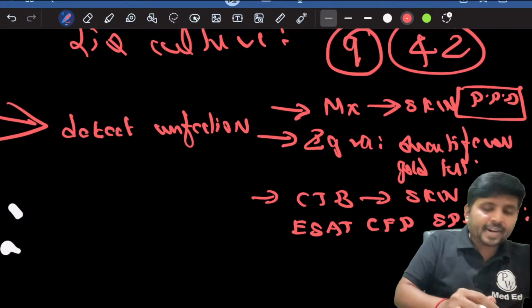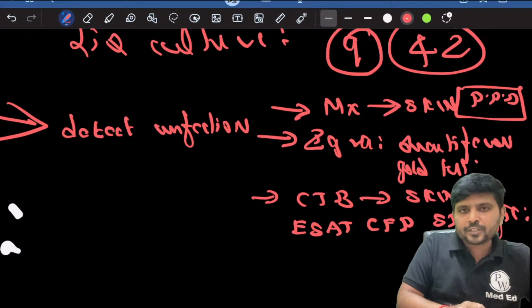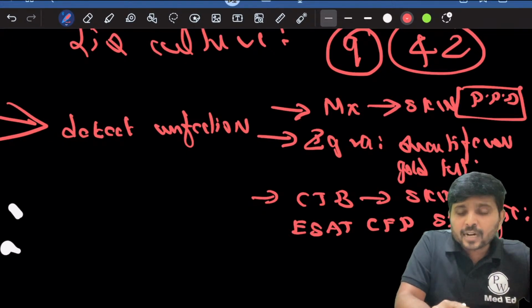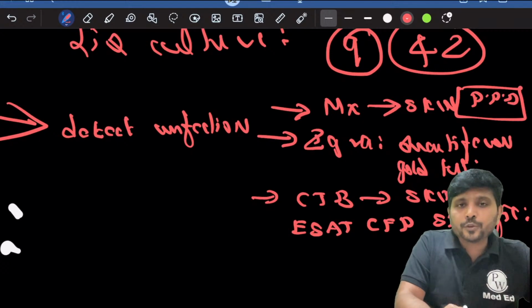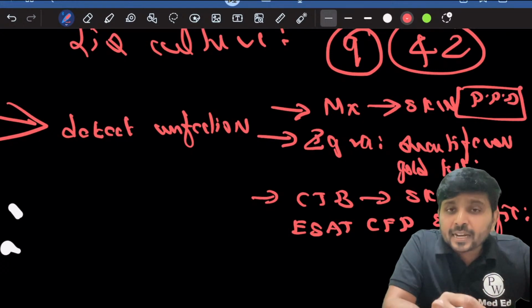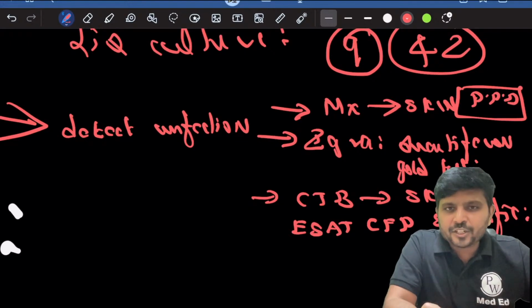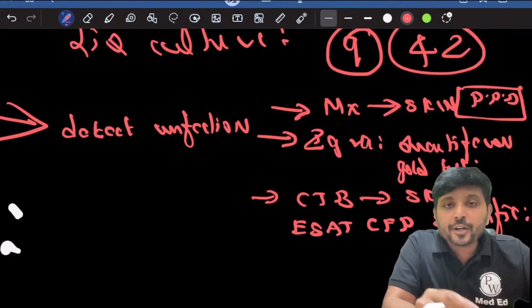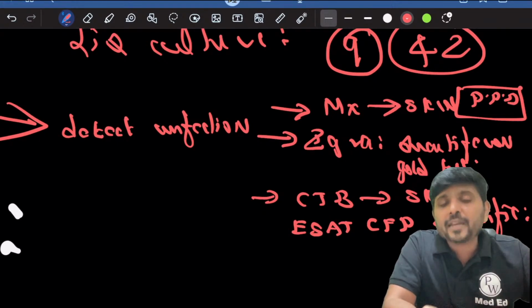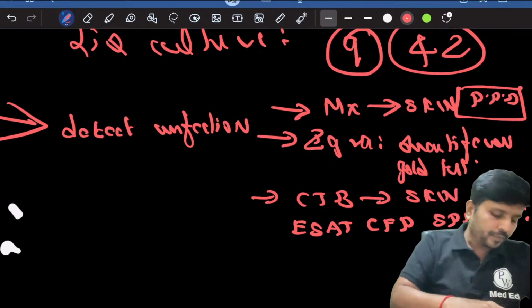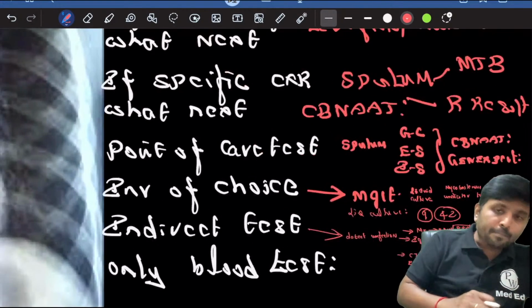Both Mantoux and the CTB test detect infection and not disease. Mantoux is not specific because purified protein derivative is present in both typical and atypical mycobacterial infection, whereas CTB is specific for Mycobacterium tuberculosis.